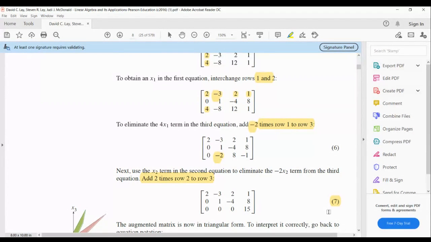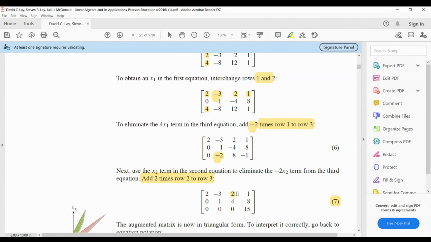Now, based on this augmented matrix, can you tell at this point whether or not the system of equations is consistent or inconsistent? In other words, we could continue to try to reduce this augmented matrix.